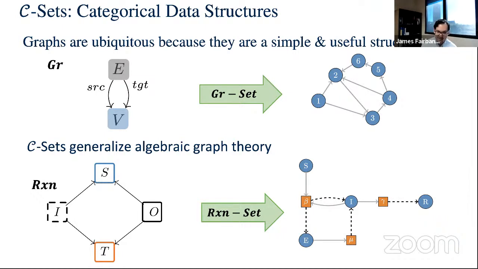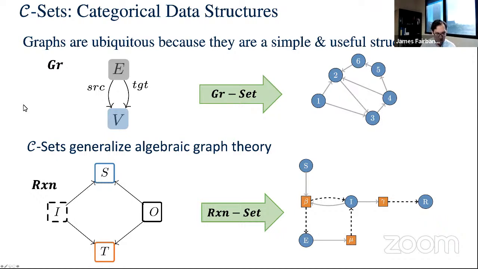The reason we like this is that for any finitely presented category on the left here, you can look at functors into Set and you'll get some notion of combinatorial data structure. So for example, here, this schema that has four objects and four arrows is a pair of spans that share the same feet, encoding directed bipartite graphs, or what's known as whole-grain Petri nets. And we use these to model chemical reactions or epidemiological systems.